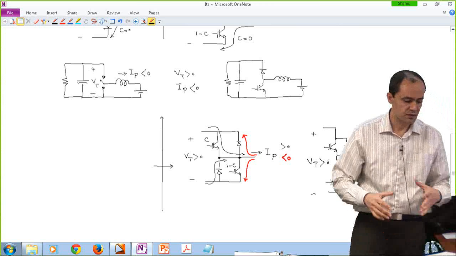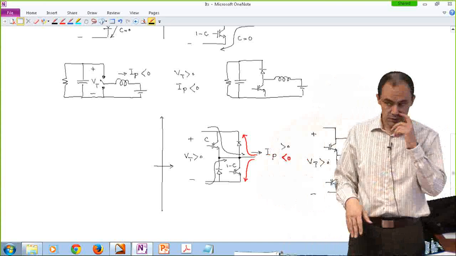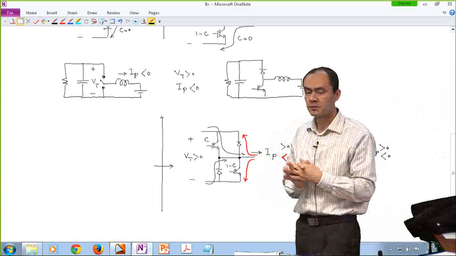All right, so you probably have seen this before. It's called the half bridge, right? Yeah, you could call it. This is like a half bridge kind of a cell.